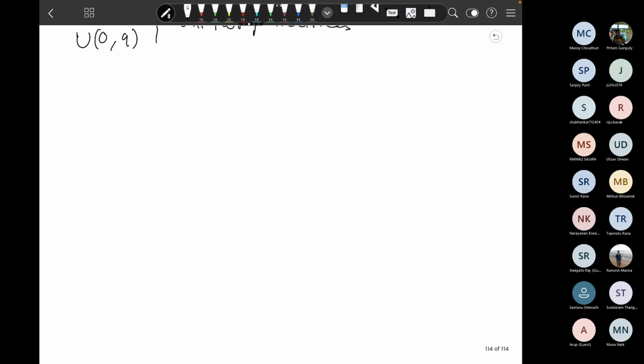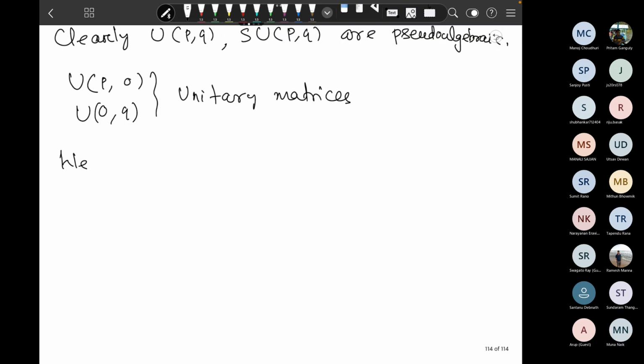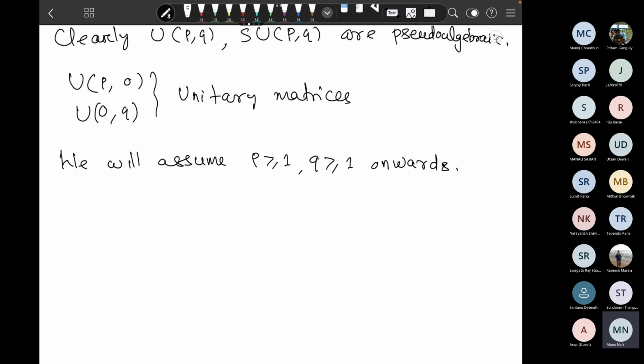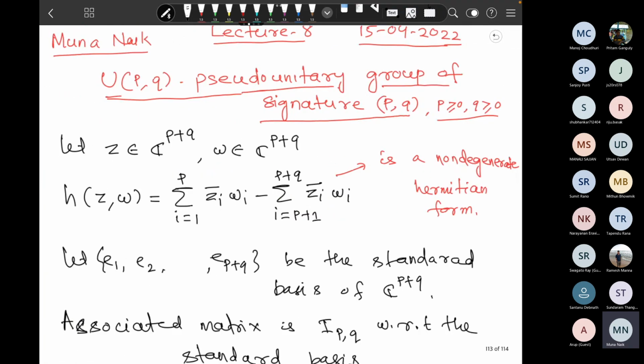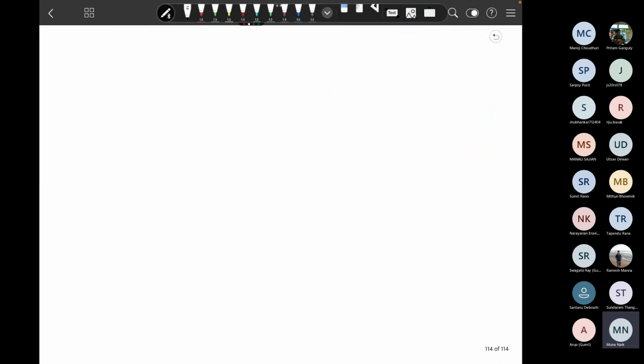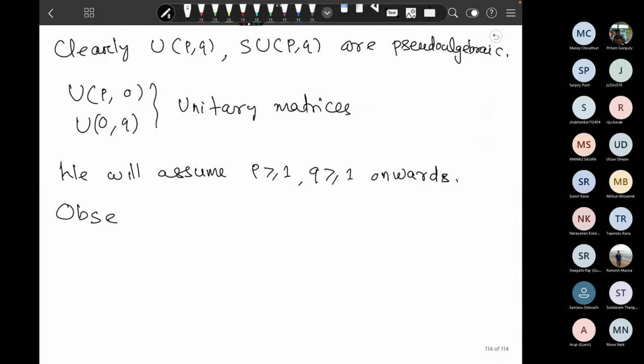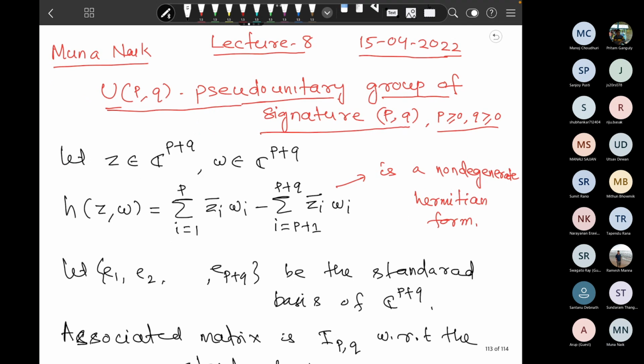From now onwards we will assume P greater than or equal to 1 and Q greater than 1. Observe that O(P,Q) is contained inside U(P,Q), because if a matrix A belongs to O(P,Q), then it is a real matrix, so A star is equal to A transpose.